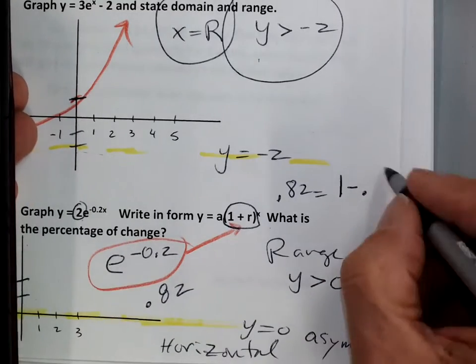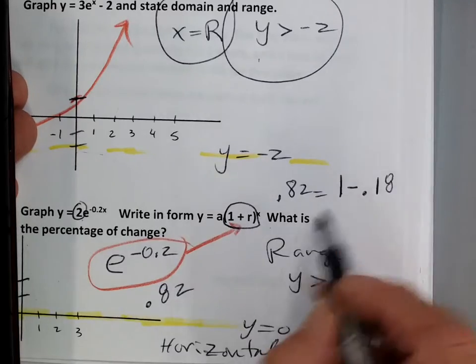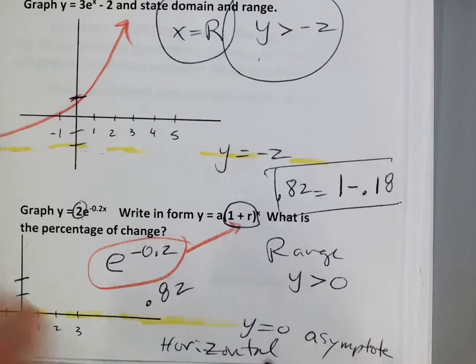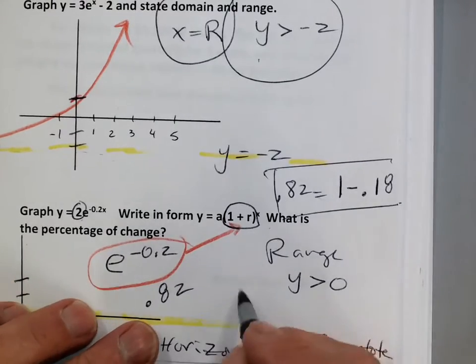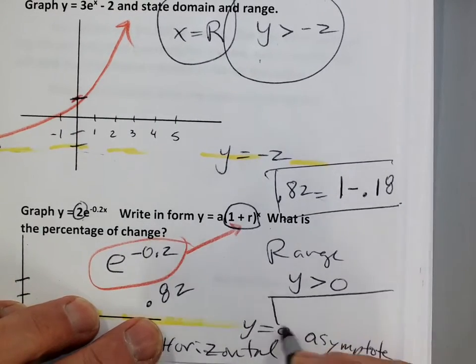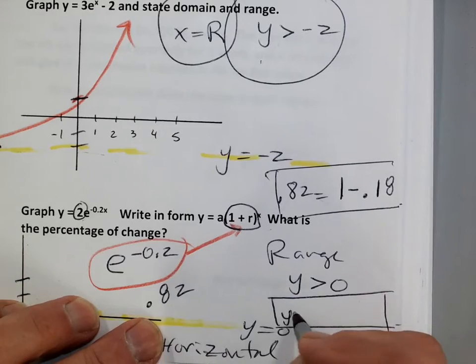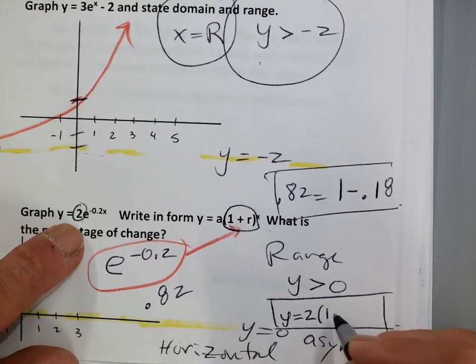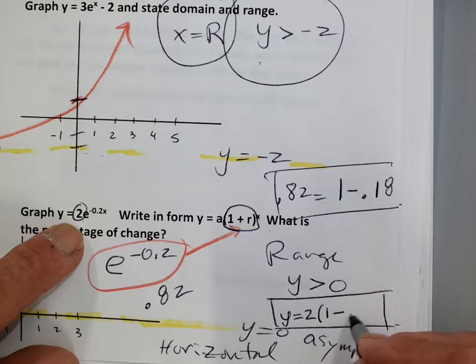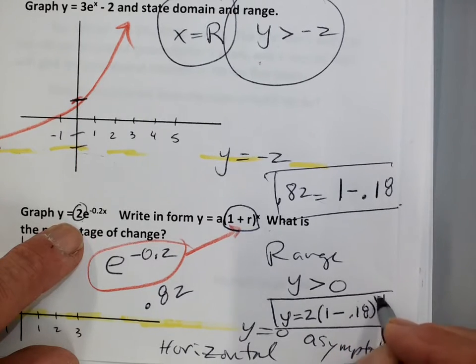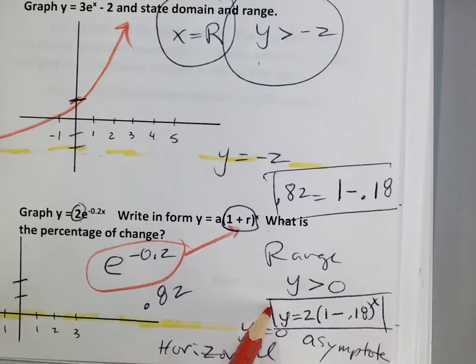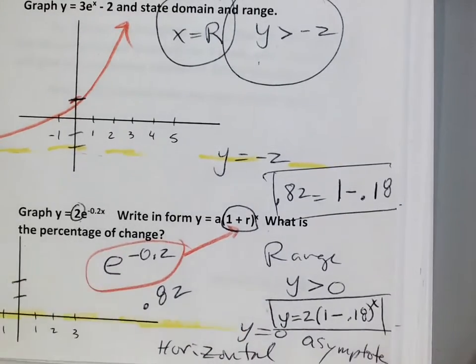I think it's 18, 0.18. So I'm going to rewrite this as y equals, we started with 2, to the 1 minus 0.18 to the x. Okay, and these are the same graphs, same number, same graphs. We'll talk about this more in class.